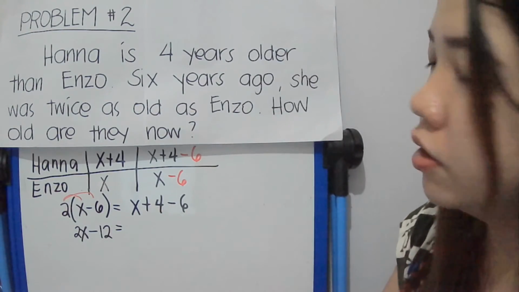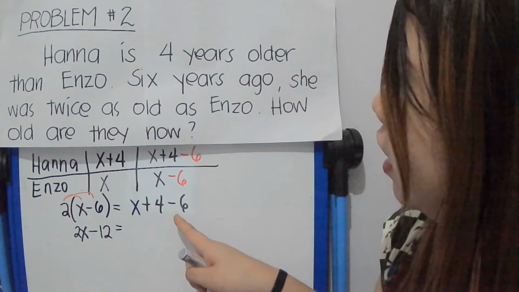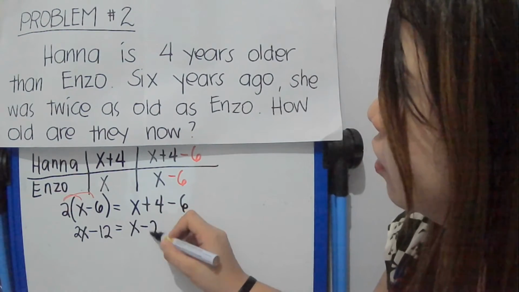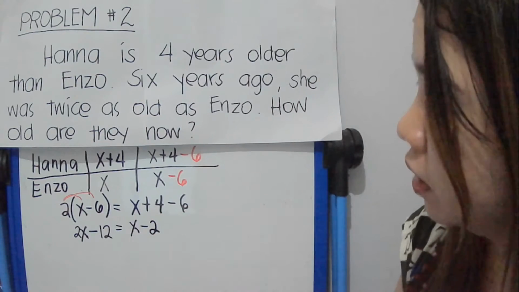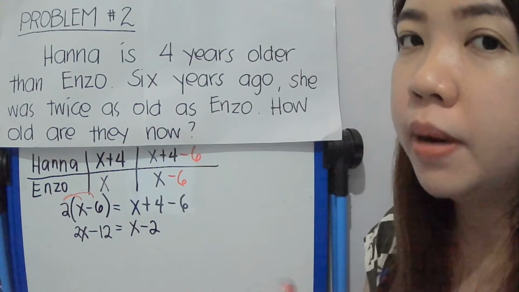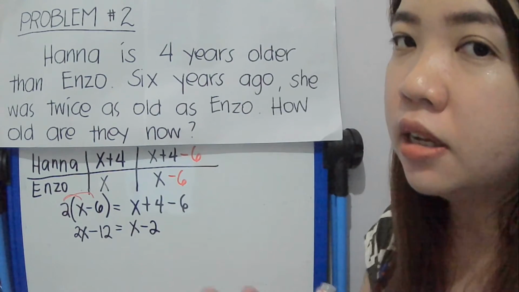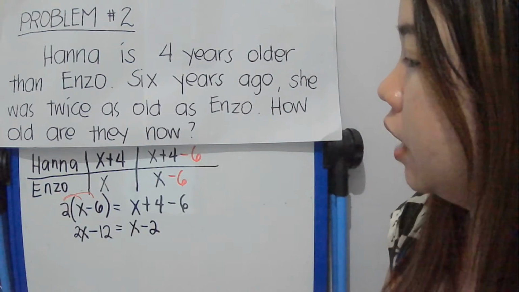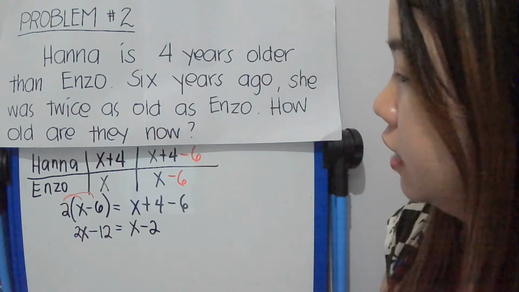So, applying laws of integers, 4 minus 6 is negative 2, so that will be x minus 2. Minus 2 na lang to. Okay, now, we have to combine like terms. So, yung parehong x, i-combine natin sa isang side, then yung parehong walang x or constants na sa isang side. Ang target na natin dito is to get the value of x.